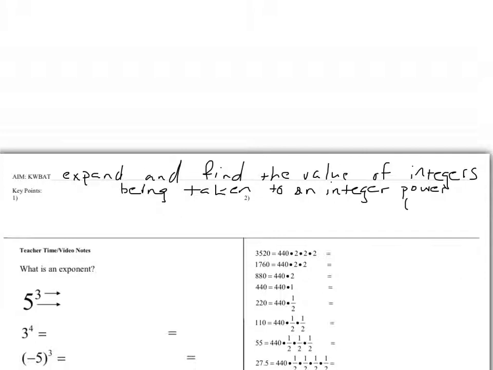And underneath power, I'm going to put in parentheses, or next to it, I'm going to write exponent, because those words are fairly interchangeable. In other words, we can use those words most of the time and have them mean the same thing.